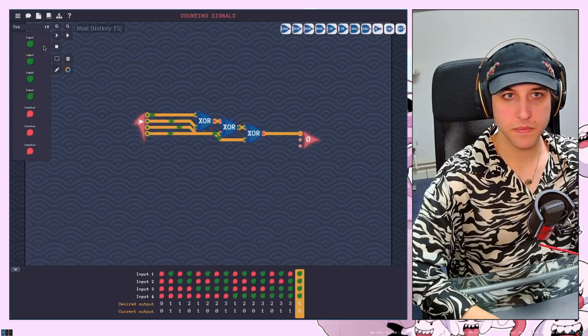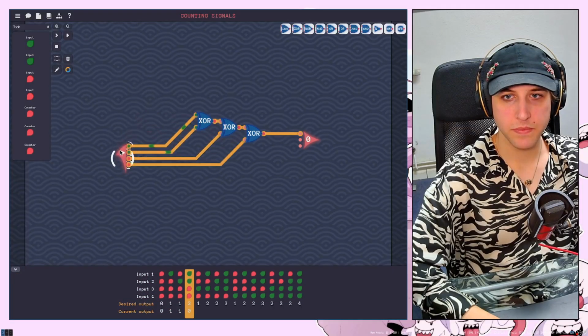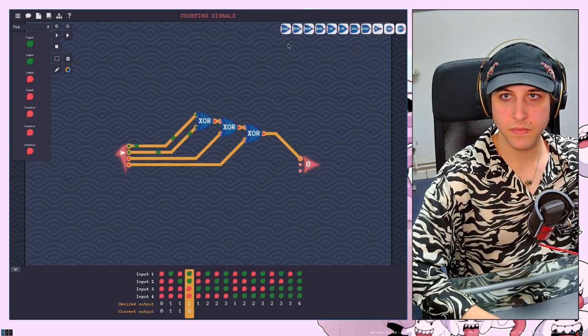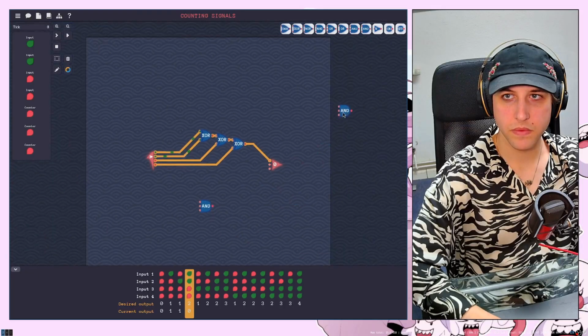So now, what do we do? How do we determine if there's 2? Well, 4 is only true if all of them light up, right? So, first of all, to determine this, we could build a circuit that looks like this.